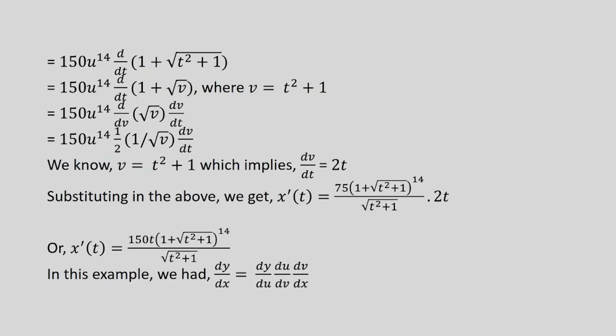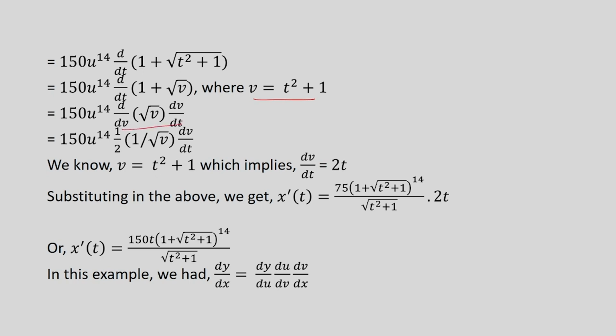And now we have to apply another chain rule. To simplify this expression, we assume that v is equal to t square plus 1. So, within the root we have now v, instead of t square plus 1, and we once again apply the chain rule.